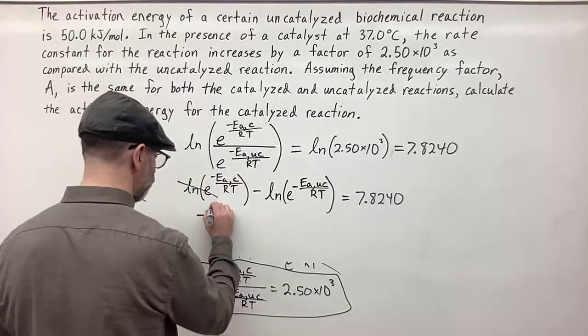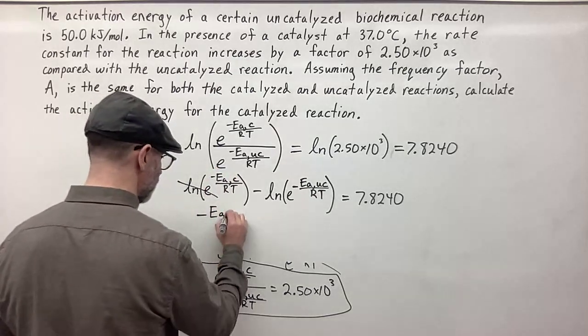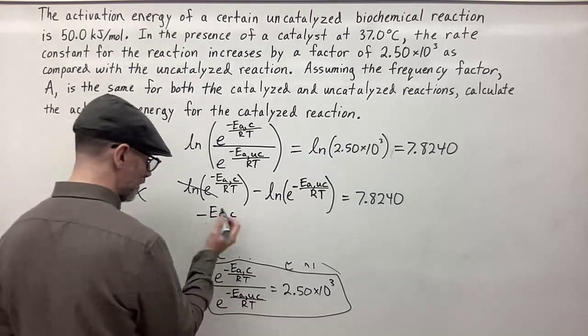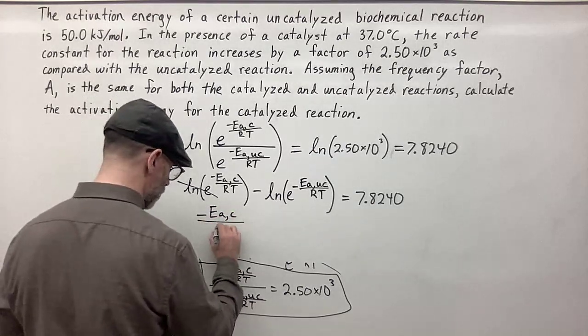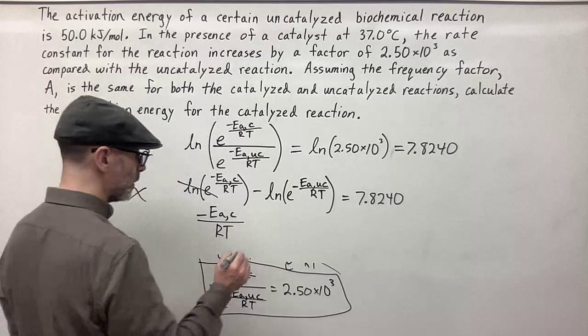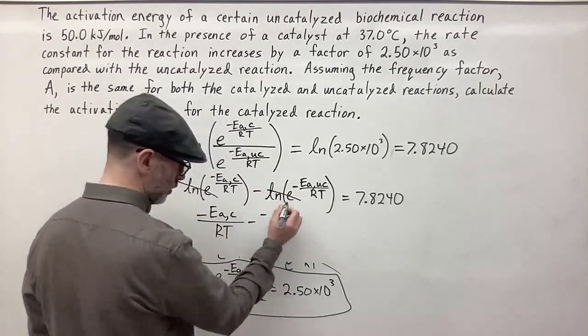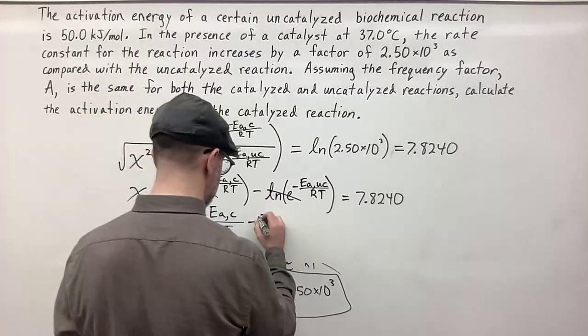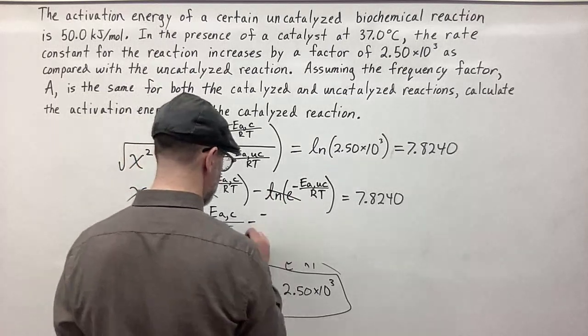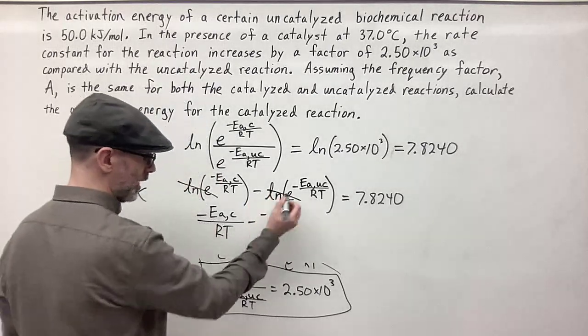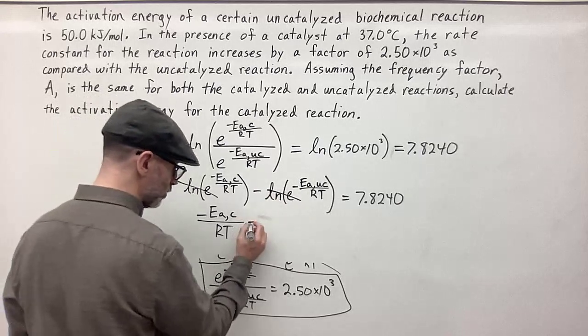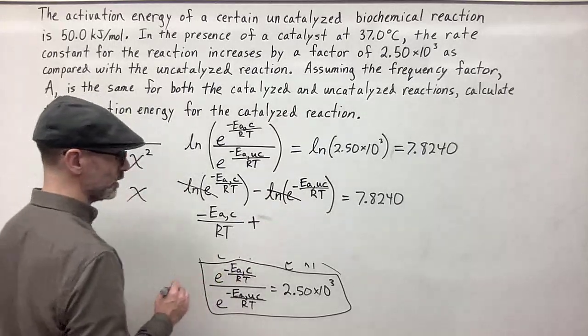So negative EA of the catalyzed reaction over RT minus negative, so these are going to cancel out, and minus a negative is a positive, so we'll just call that positive right away.